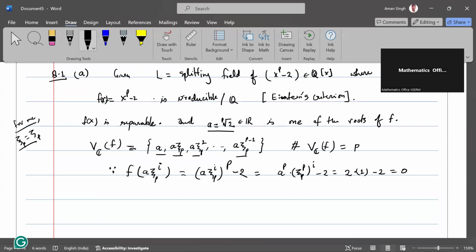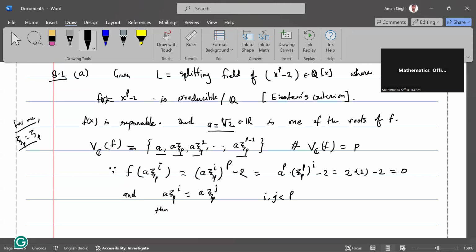Why is the cardinality equal to p? That is because if any two of them are equal, let's say a zeta p power i is equal to a zeta p to the power j, with i and j both less than p, then because a is non-zero and a is a real number, and the complex numbers form a field, a will cancel out.